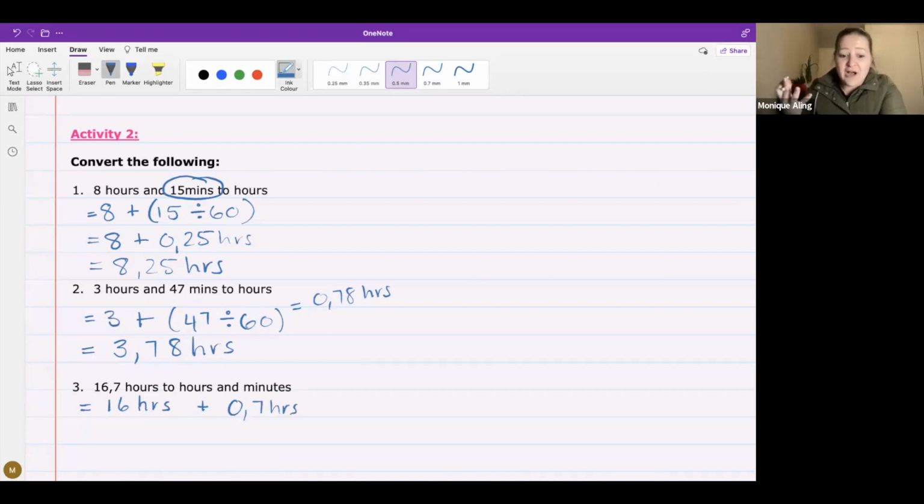But it's not a full hour. So I want to know what that 0.7, that little bit, is in minutes. So I'm going to take the hours, convert it to minutes. To do that, I times by 60 because I'm going from hours to minutes. So that becomes 16 hours and 42 minutes.